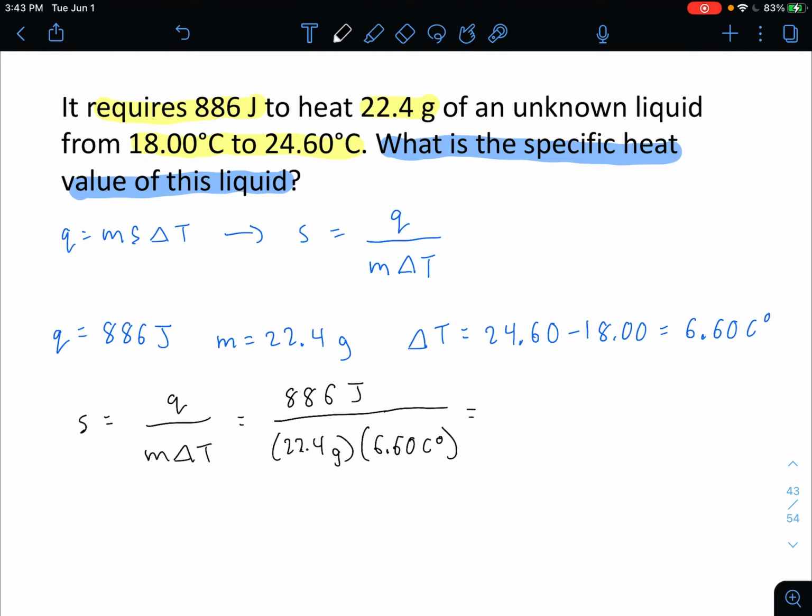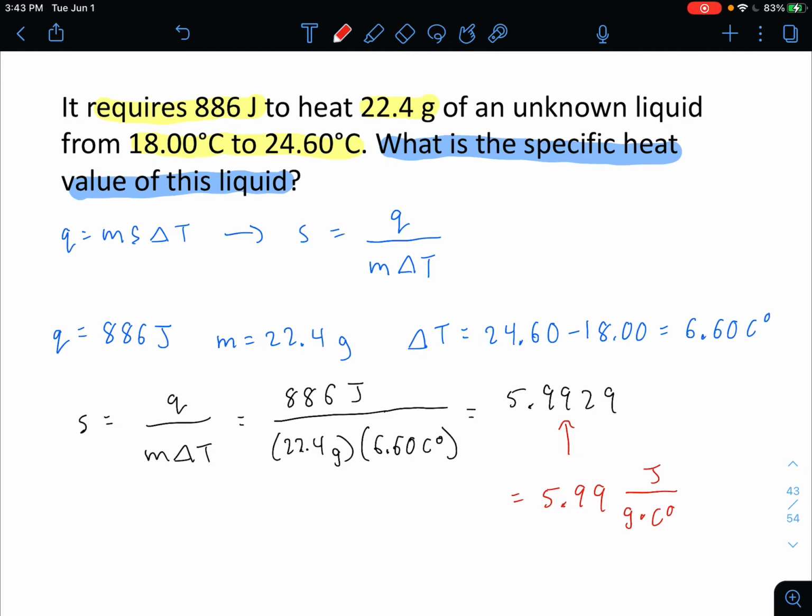So I got 5.9929, etc. But our cutoff number for 3 total digits would be this second 9. It's followed by something smaller than 5, so it's just going to round off to 5.99 joules per gram per Celsius degree. That's our specific heat value.